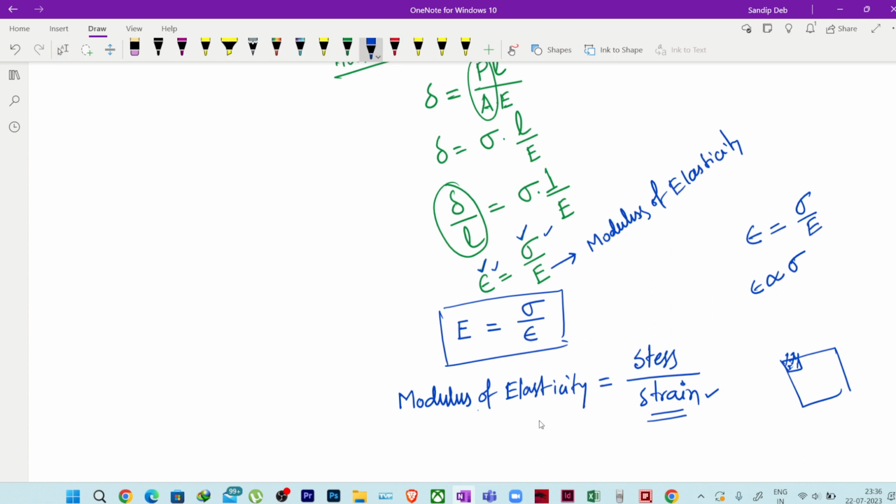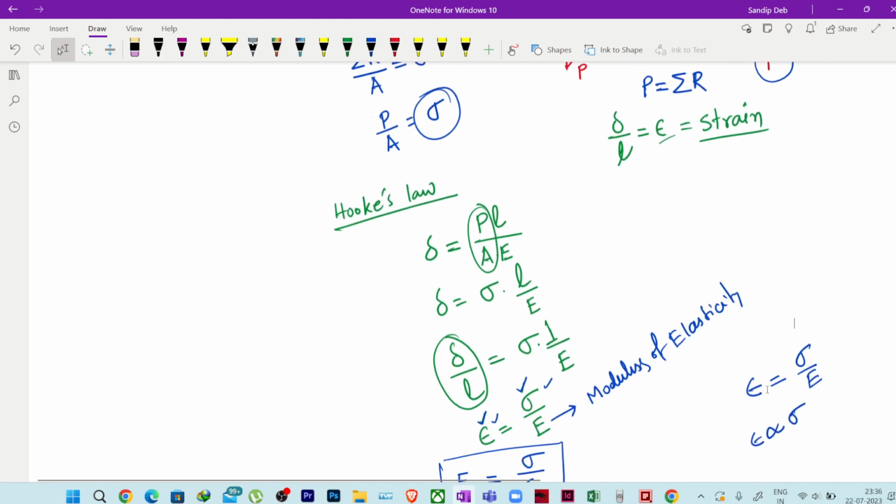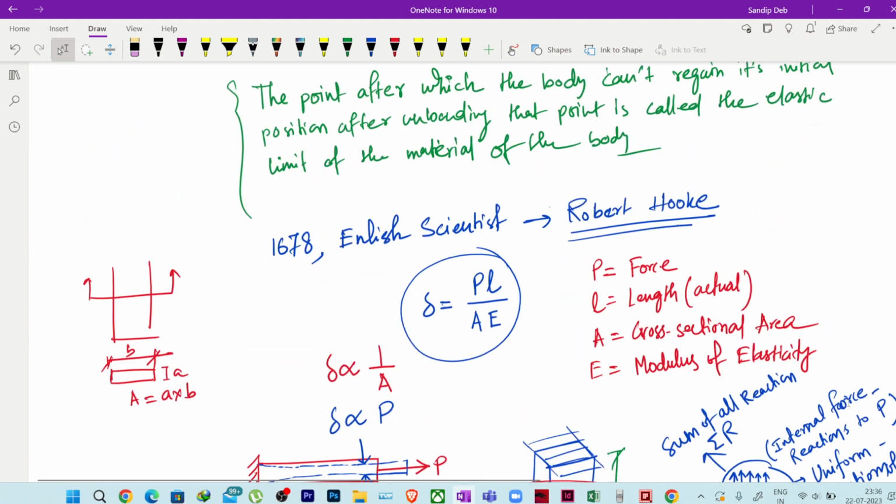So if you do not know the modulus of elasticity of a material, if you give a unit strain in a bar of a particular material, and you find out the stress for a unit area of the cross section of the bar, you can easily find out the modulus of elasticity also. So obviously that is what Mr. Hooke has done, or many of the scientists have done, and they have given us this simple linear formula, which is delta equal to PL by A.